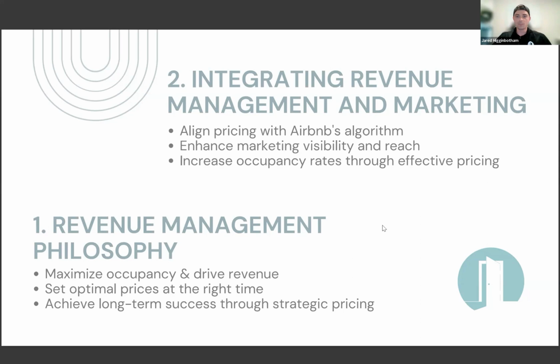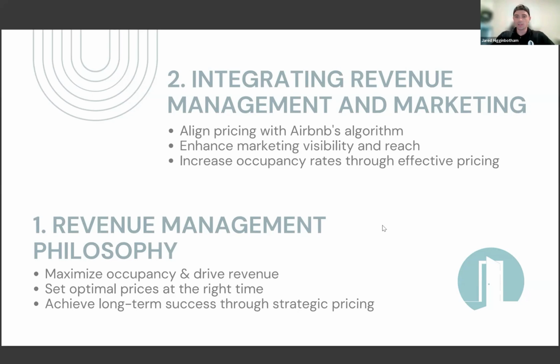One of the core tenets of our philosophy is that we integrate our revenue management, which is my sole job at this company, and I'm the only one that touches it, with our marketing team. By having the two hands working alongside each other, we align our pricing strategy with Airbnb's really crazy algorithm. This enhances our marketing and our visibility.